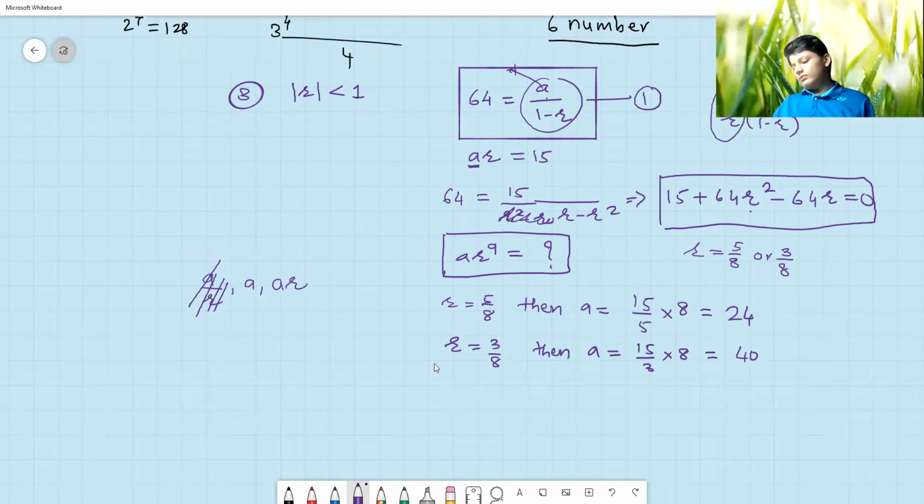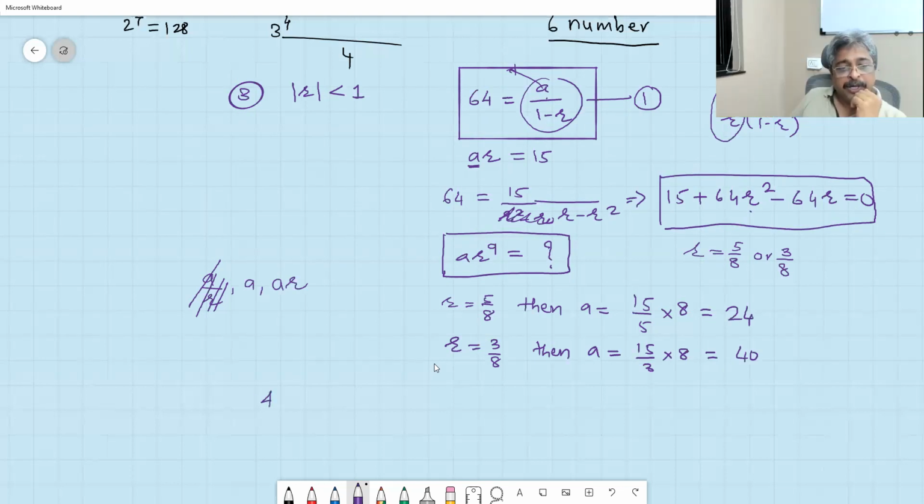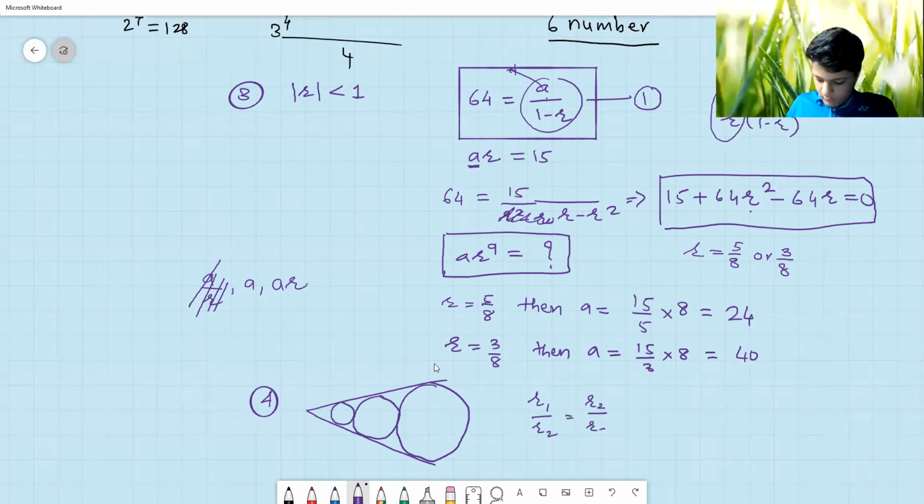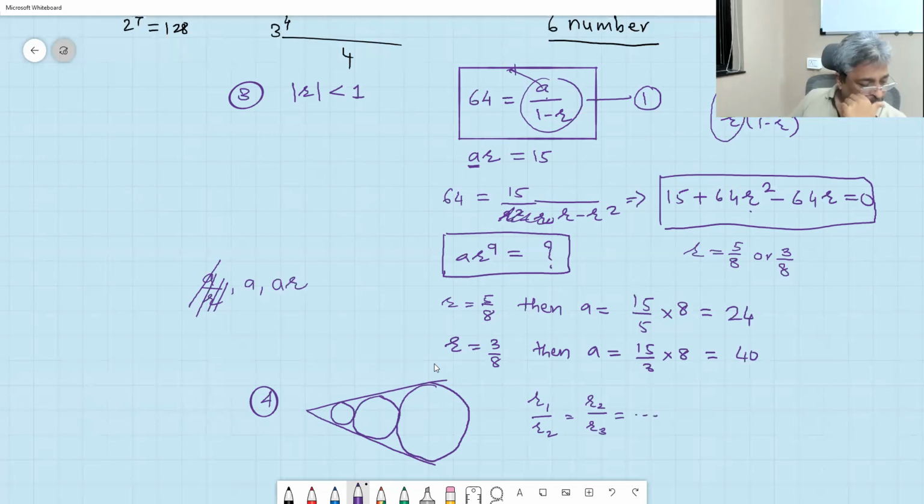Good. So this is third. Fourth, I have already explained that if you are having circles in an angle such that the sides of the angle are touching these circles and these circles are touching each other externally, then R1 upon R2 is equal to R2 upon R3 is equal to so on.